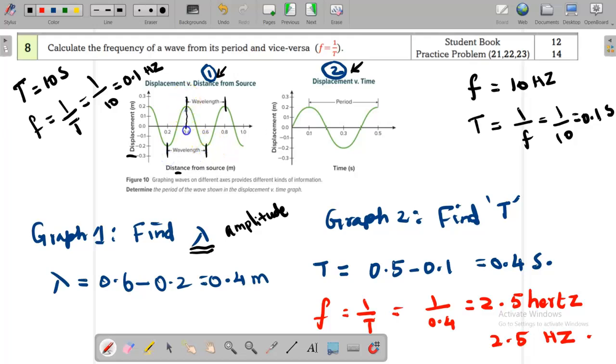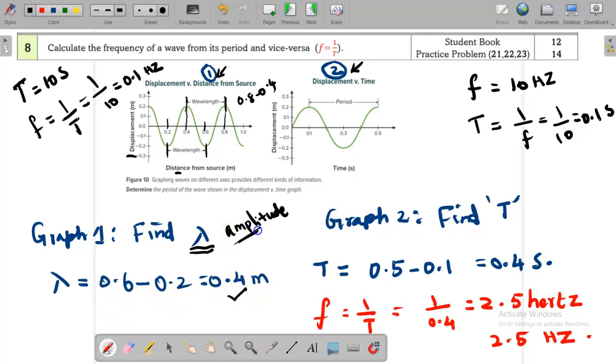So the crest points start at 0.4, ends at 0.8. So 0.8 minus 0.4 is equal to 0.4. Or you can subtract 0.6 and 0.2, also 0.4.